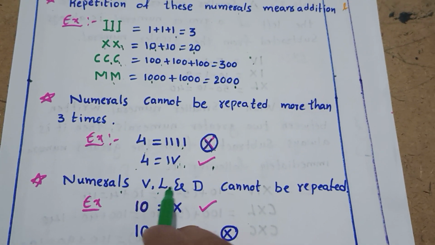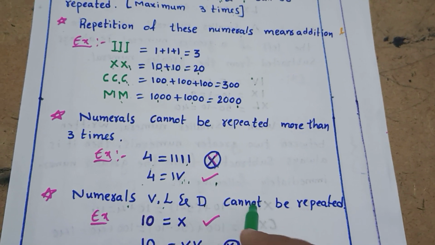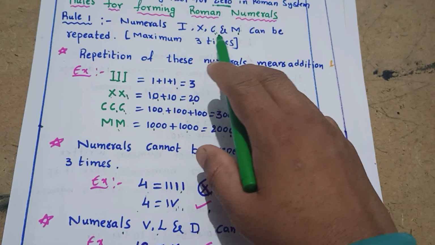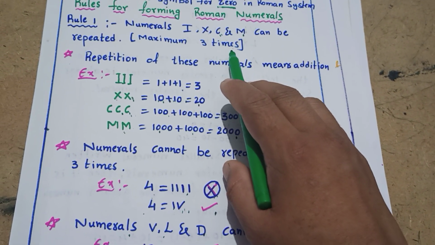One more: numerals V, L and D cannot be repeated. Numerals I, X, C, M can be repeated a maximum of 3 times only.